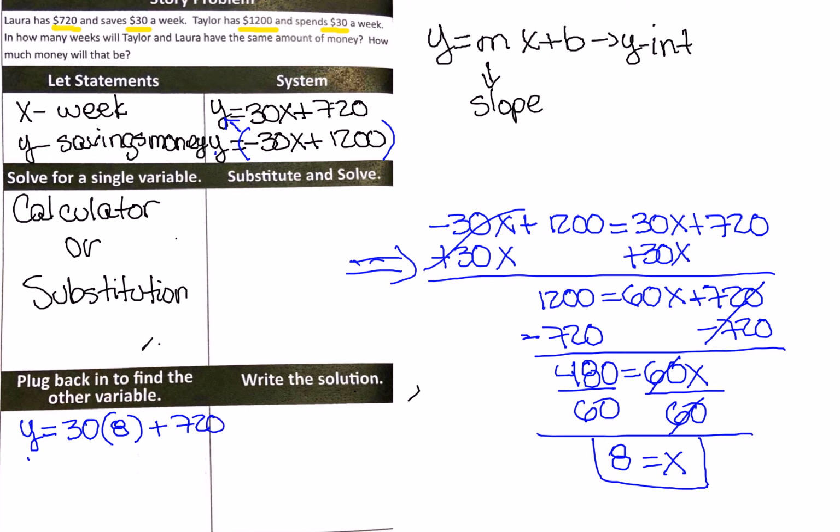So y equals 240 plus 720, then y equals 960. Now I have my solution as x equals 8 and y equals 960.